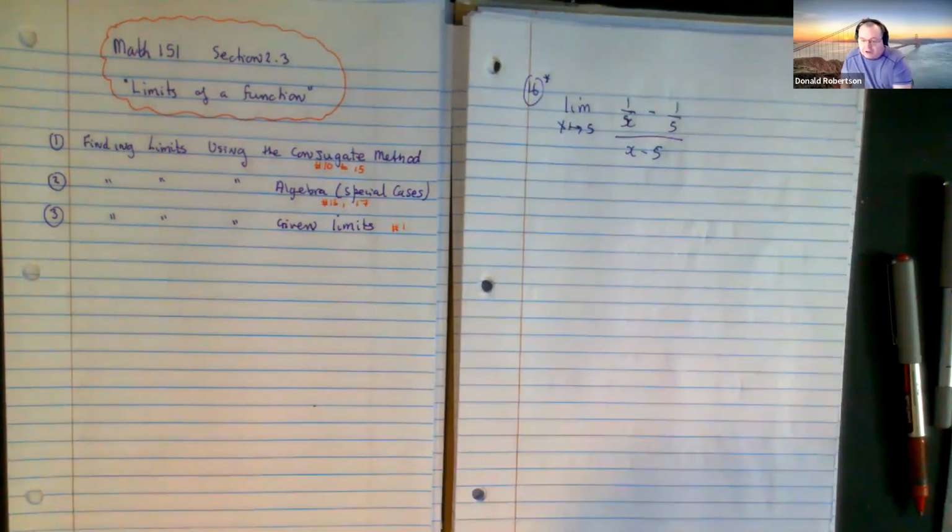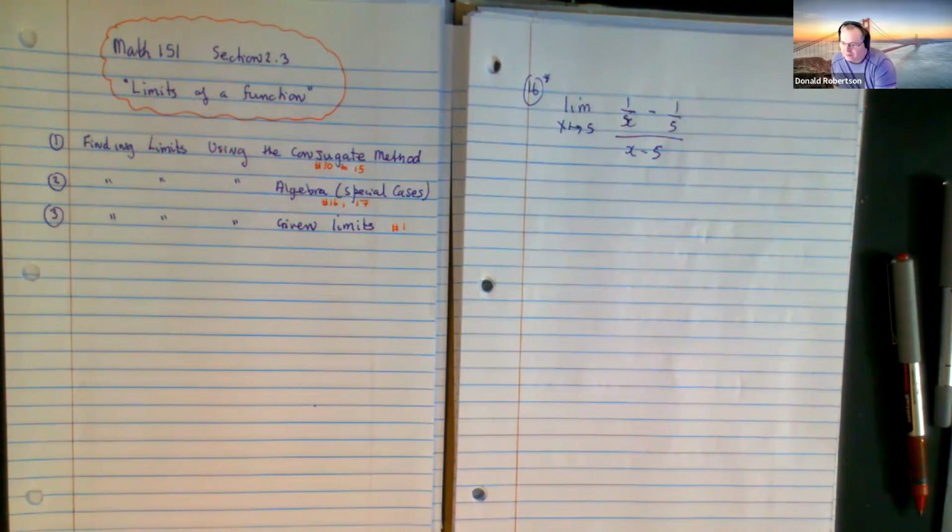Just looking at that, would you agree we haven't done anything that even vaguely looked like that? So first thing, and I think this is obvious, that is not going to be a conjugate method. Would you agree there aren't any square roots?